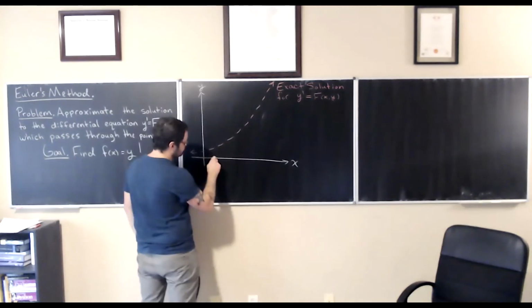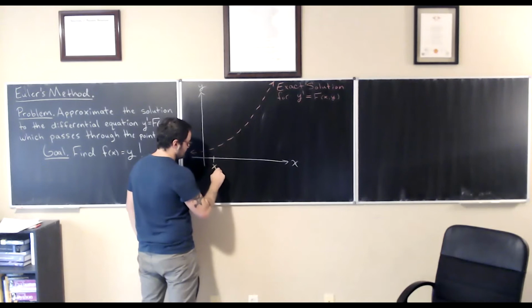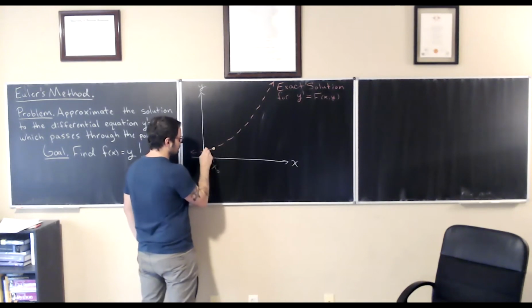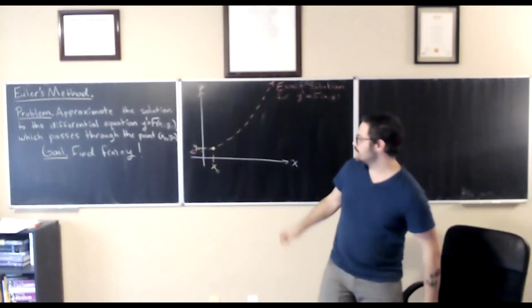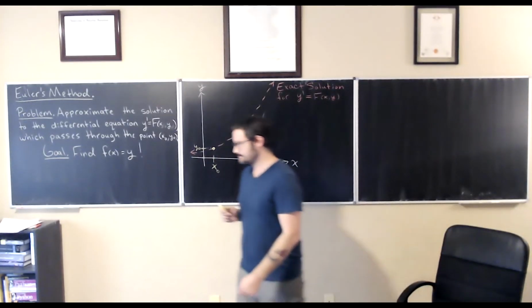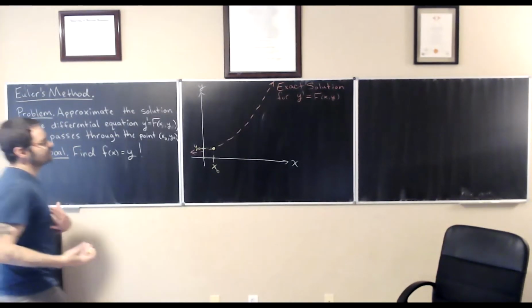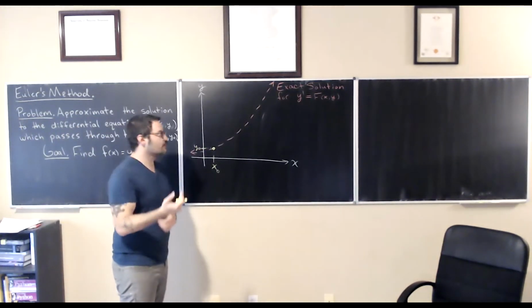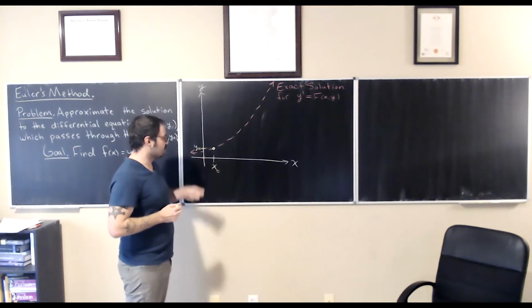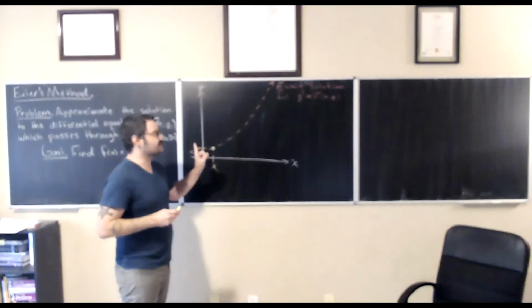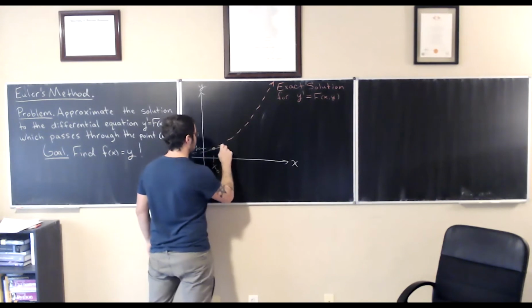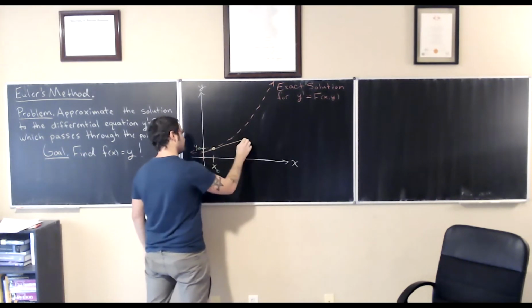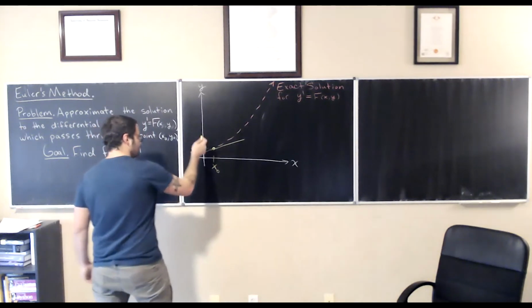So for example, make sure you can read that. We know that the function does pass through this point. Okay, so how can we use this to help us find an approximate solution? Well, not only do we know that point, but we also know the slope of this function at that point. We know the slope of that line. How do we know the slope of that line?